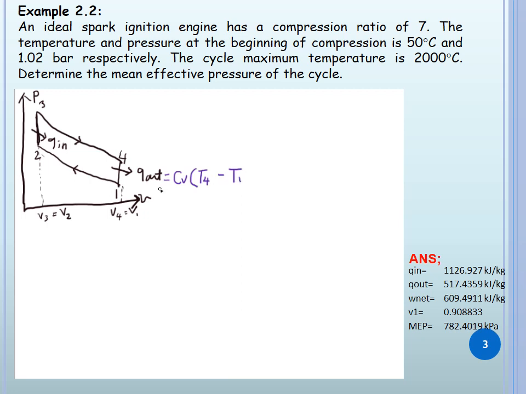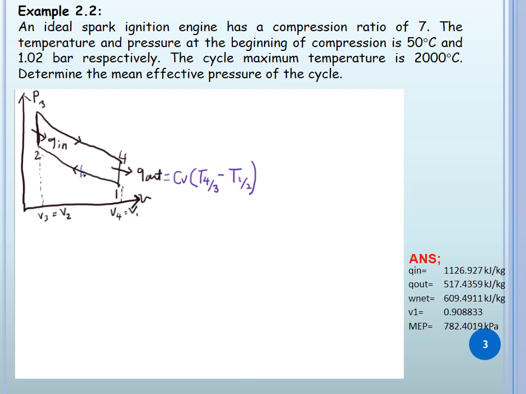For heat addition, Q in, we just change this to T3 minus T2. They use the same equation.